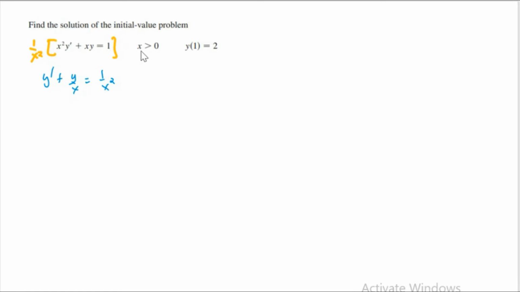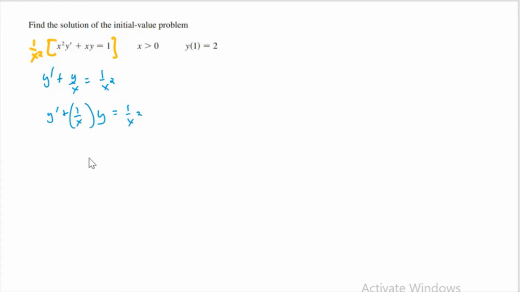This is where this condition of x is greater than 0 comes from, because if x is equal to 0, then this becomes undefined. All right. Now, we are going to identify our p of x as well as the q of x. So in order for you to see clearly what is the value of p of x, I can rewrite this one as y prime plus 1 over x of y is equal to 1 over x squared.